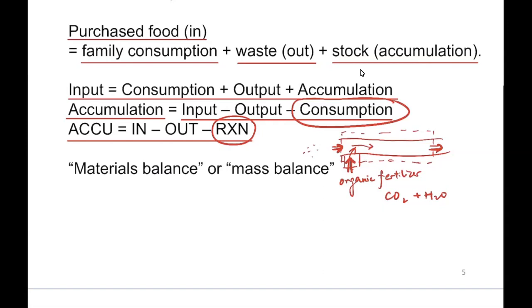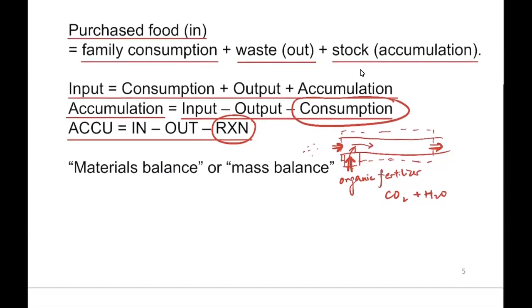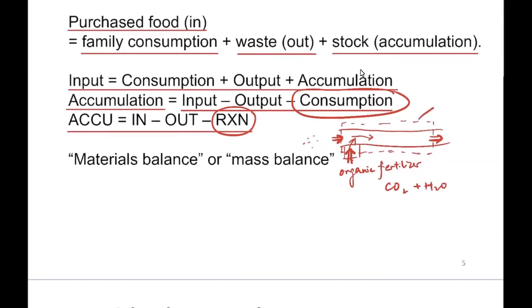What happens in the middle is that there can be accumulation, meaning maybe these fertilizers will settle down onto the base of the river. And there is also consumption, which is basically the oxidation of the fertilizers within the river. This describes what is happening within this control volume.